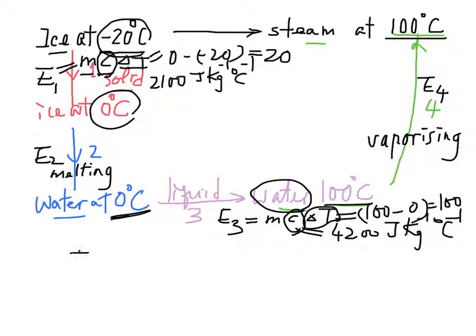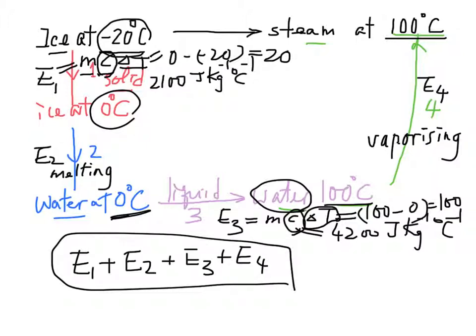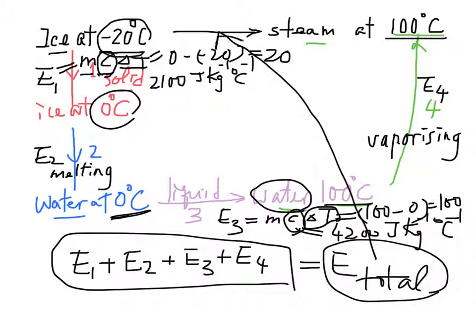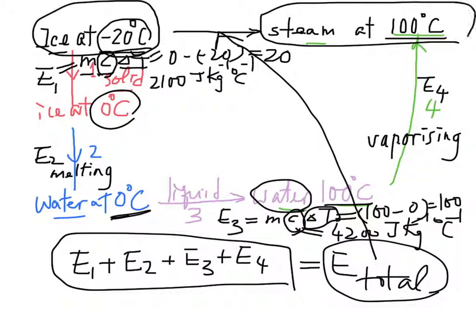By adding E1, E2, E3, and E4, this total energy is the energy needed to change the ice at negative 20 degrees Celsius to steam at 100 degrees Celsius.